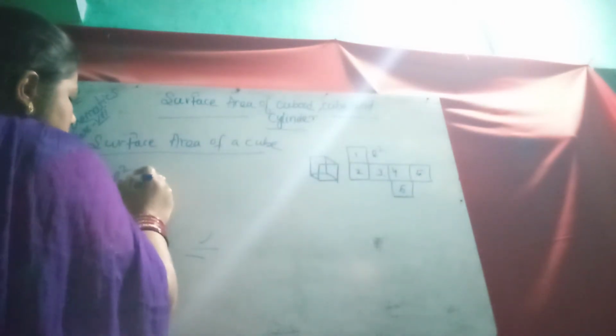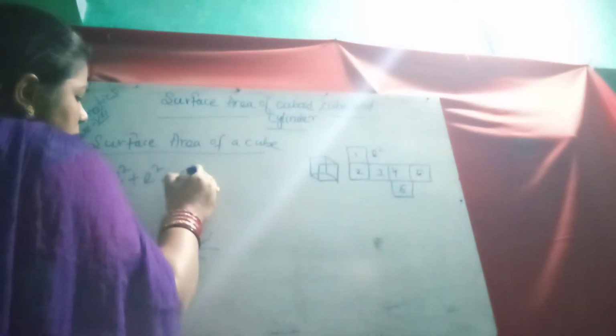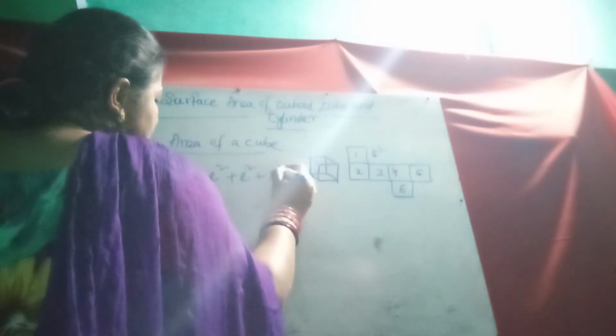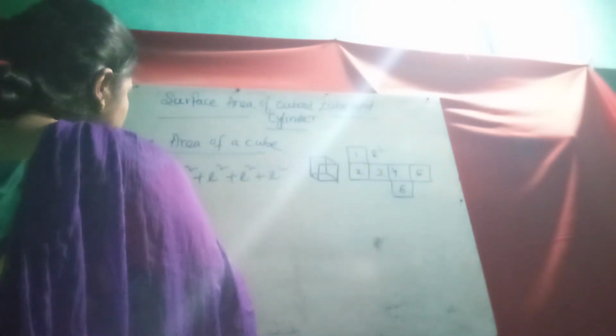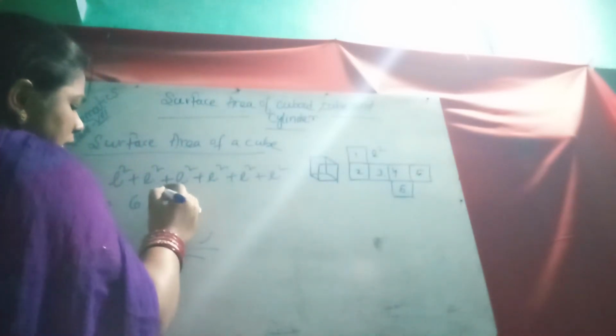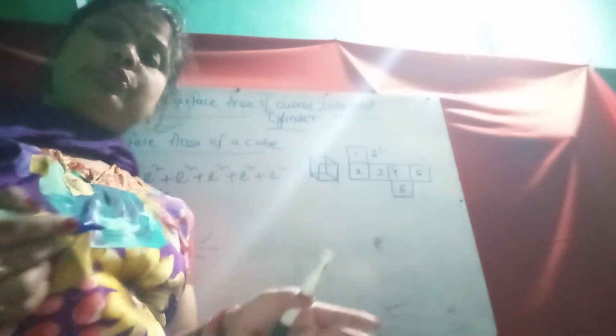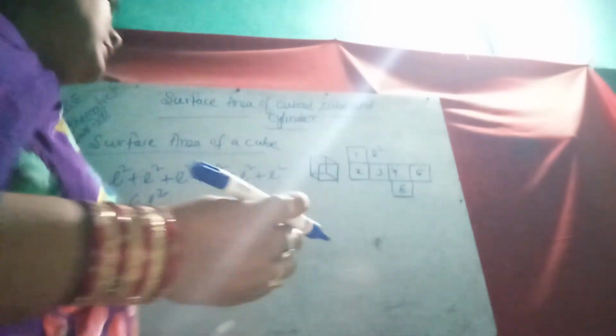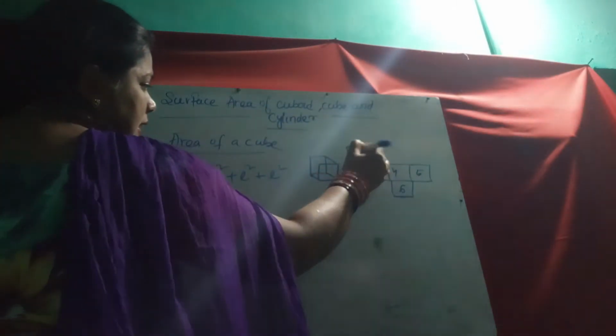So what is your formula? L square plus L square plus L square, 6 times, because it has 6 faces. So the total formula is 6 L square. So the surface area of a cube is 6 L square. Lateral surface area is 4 L square. For the lateral surface we just leave this side and this side.